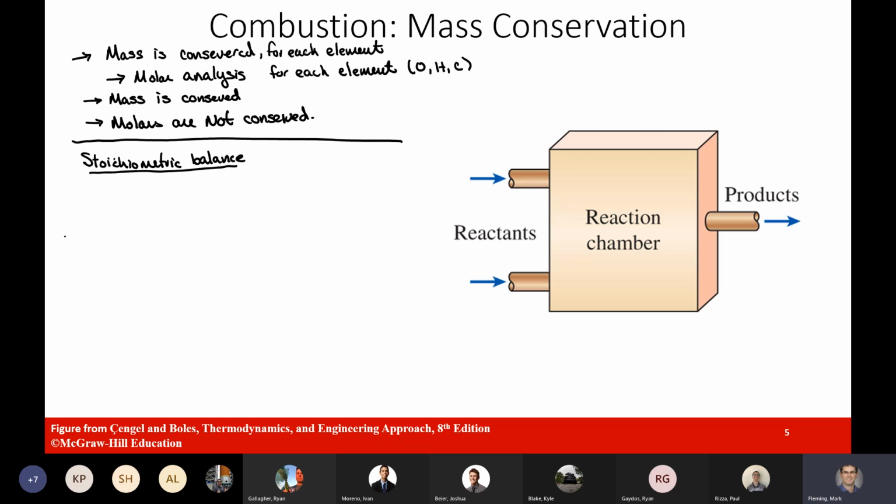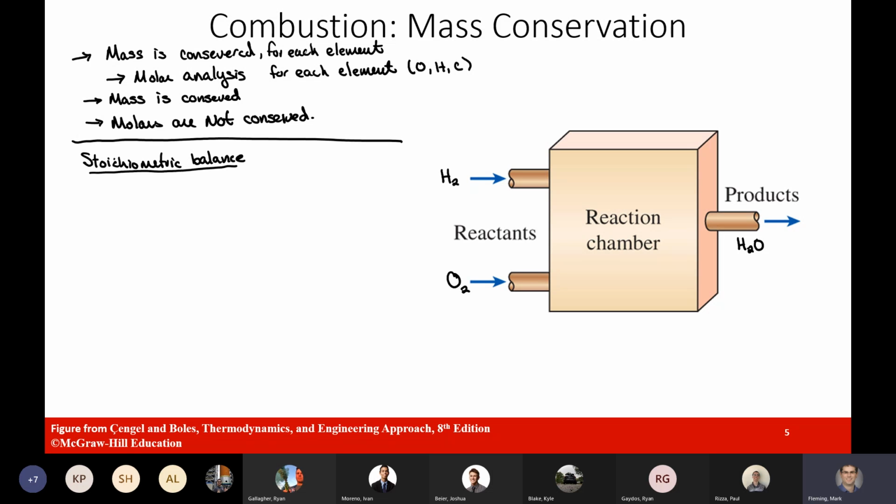In terms of a simple system that we can do an analysis on, let's say on the reactant side, we bring in some hydrogen. We bring in some oxygen, both in the stable forms. And what we want to get in terms of our product is some water to form. So oxygen plus hydrogen gives us water.